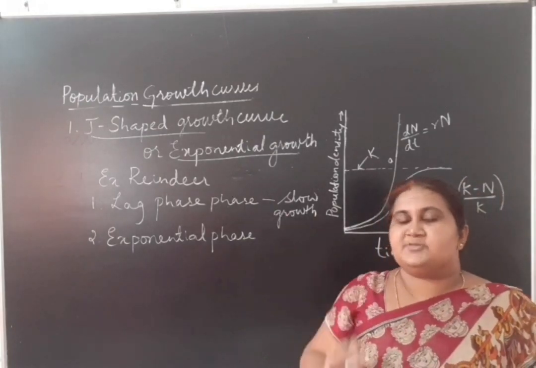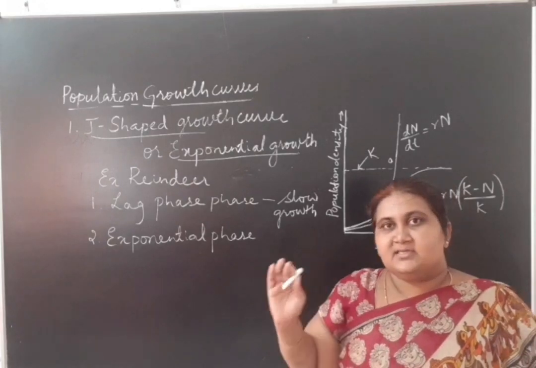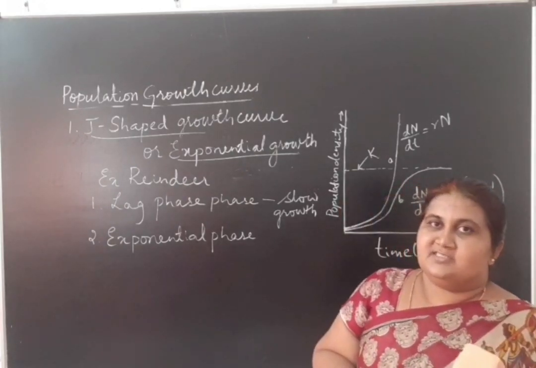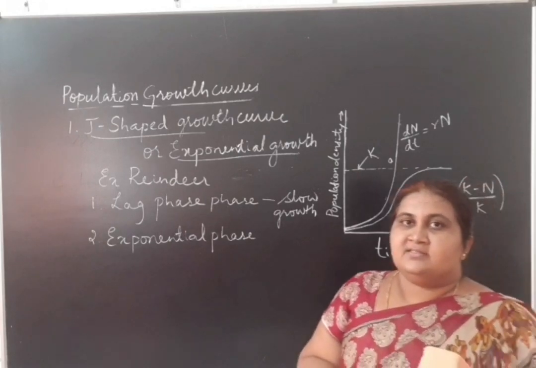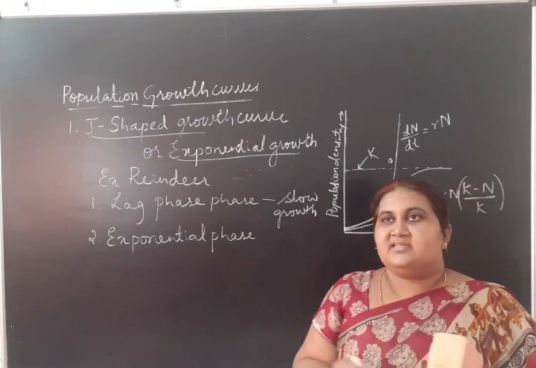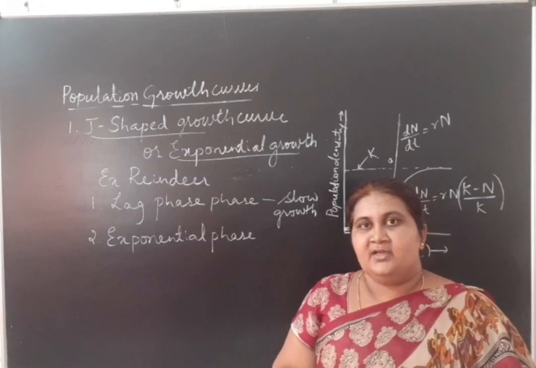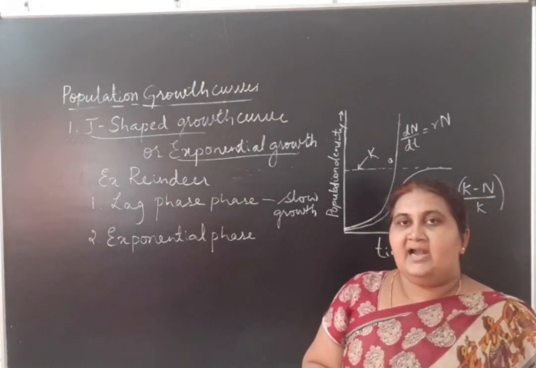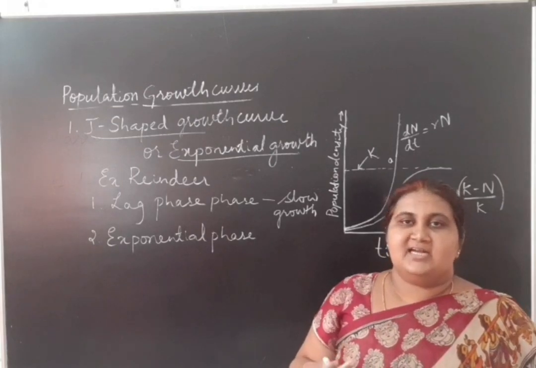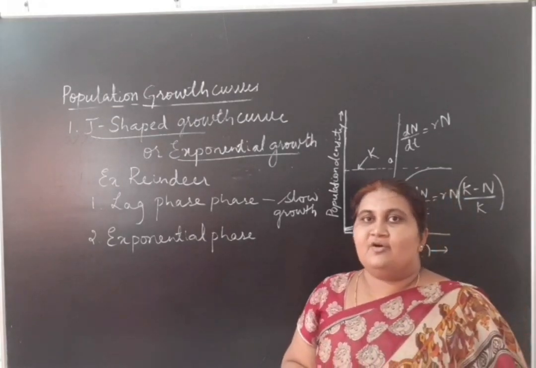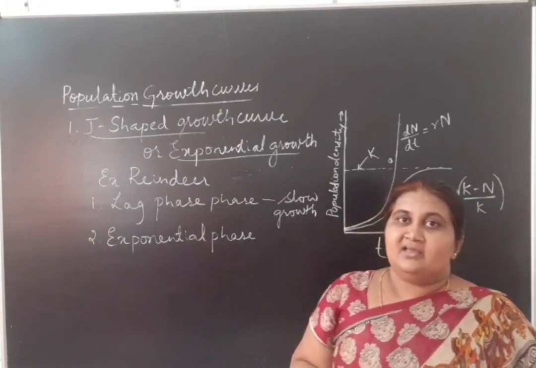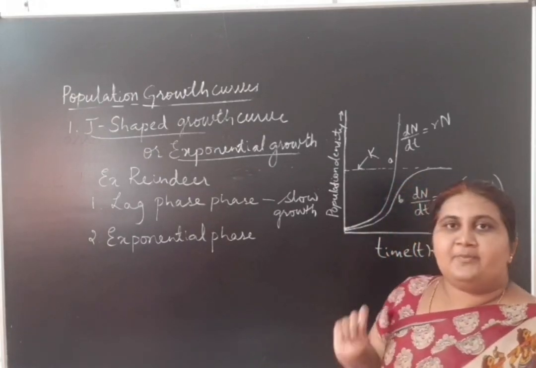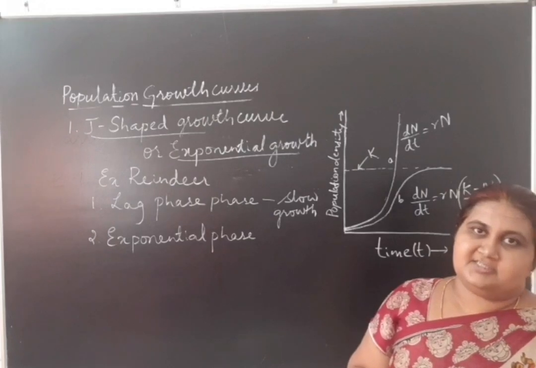But at a certain moment, there becomes scarcity of food. Food becomes scarce, individuals do not get food, and there occurs mass starvation and the individuals start dying out. Mortality increases. Increase in mortality is called population crash.